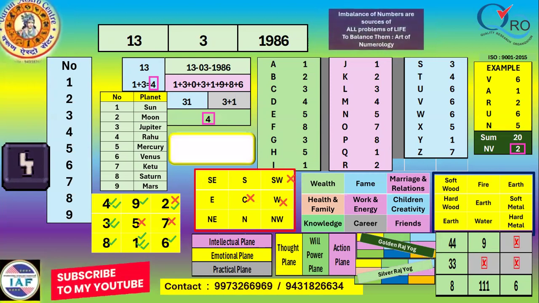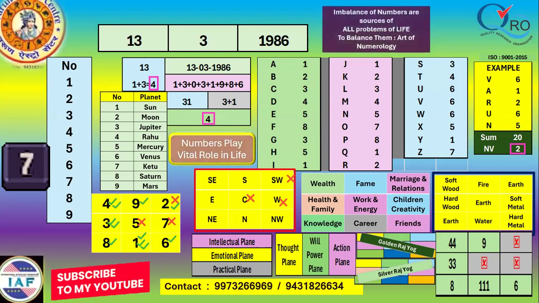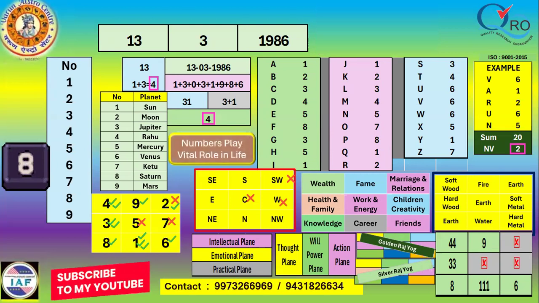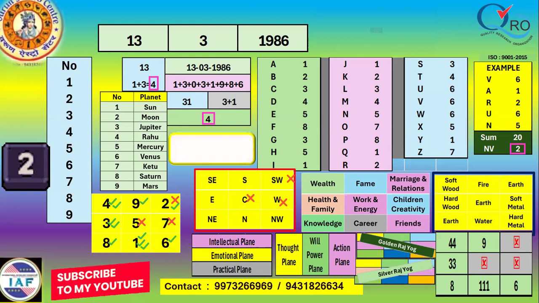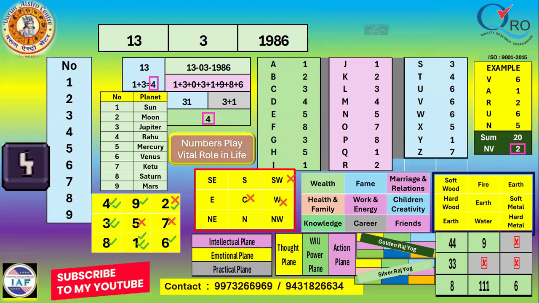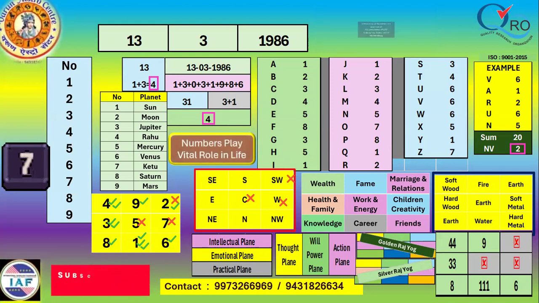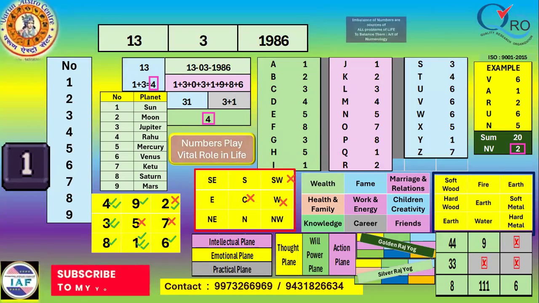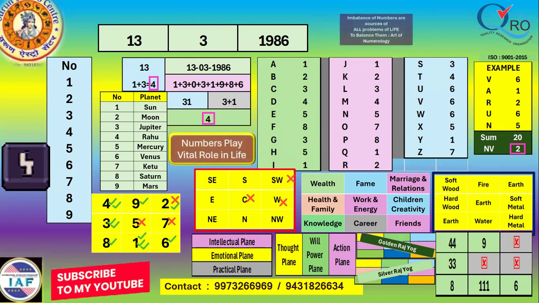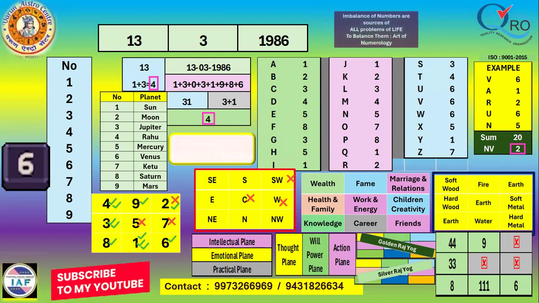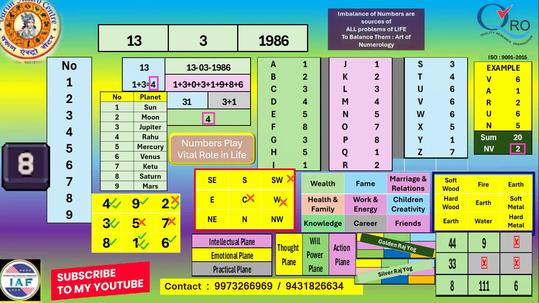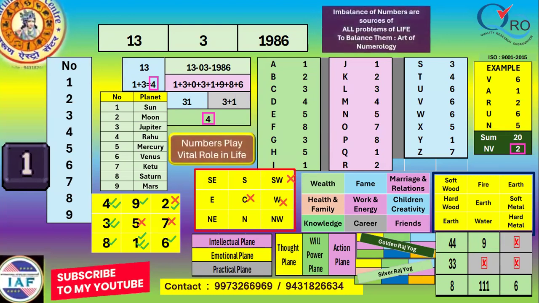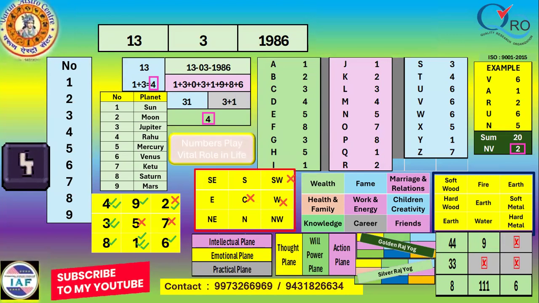In this way, one can analyze his or her own birth chart, name chart, number chart, numeral chart. So you can also learn it, use it, and I will be coming with more dates of birth subsequently, which will make you clear how to make the box and use it.